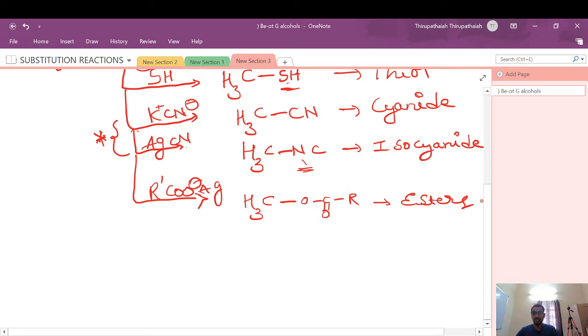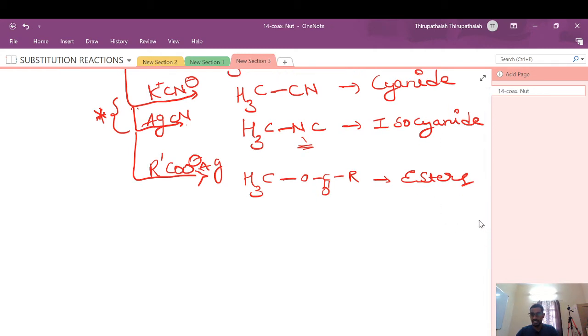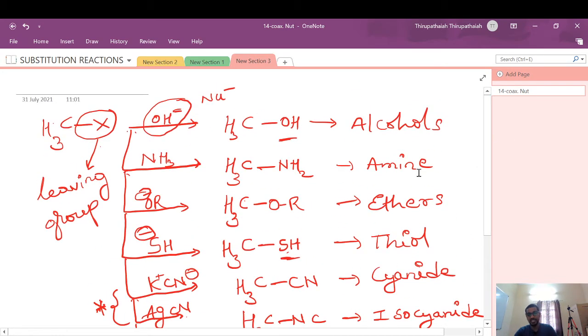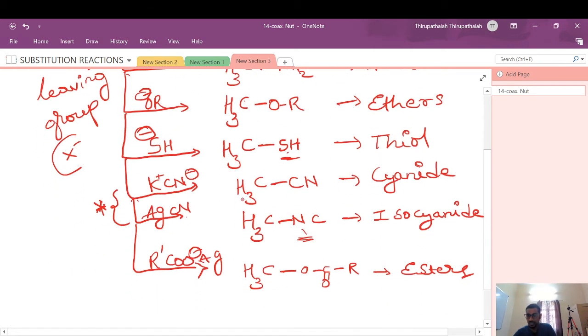In this way, substitution reactions can be used to prepare alcohols, ethers, esters, cyanides, thiols, and so on. In all these cases, the common feature is that the incoming nucleophile replaces X minus. Here, the leaving group is X minus.